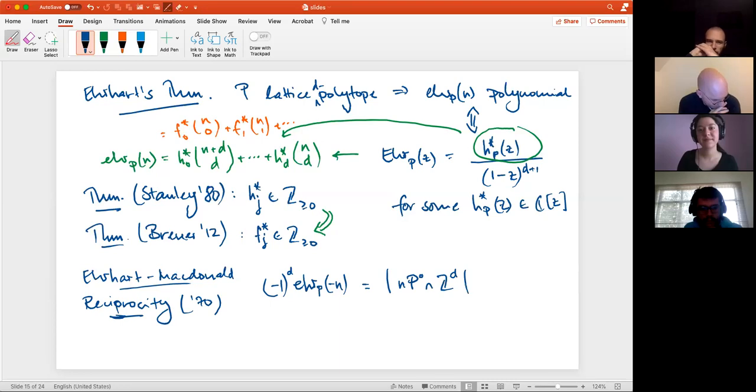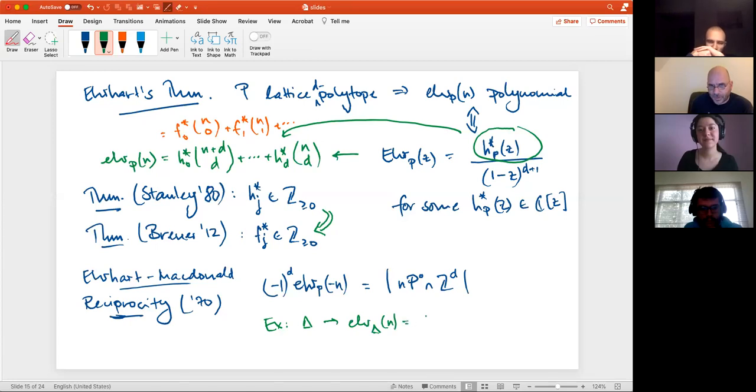Maybe we can see this in an example. Our running example of the unimodular simplex. There we had the Ehrhart polynomial n plus d choose d.